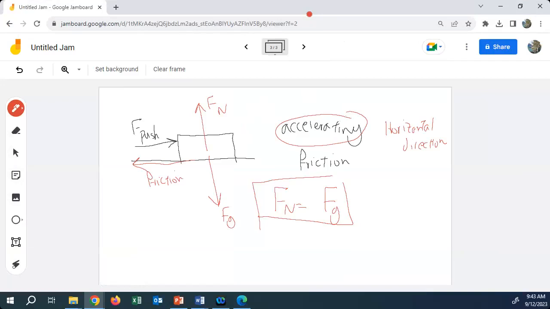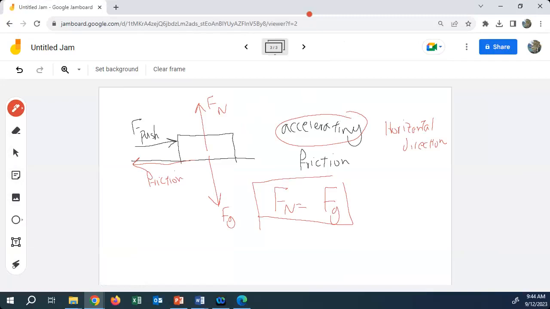It's moving just in the horizontal direction. What tells us that the object is accelerating? In Newton's first law, it was moving with constant velocity, or it was at rest, but here it is accelerating. So what does it mean? It means that F push is bigger than the friction force. That's why the object is accelerating.